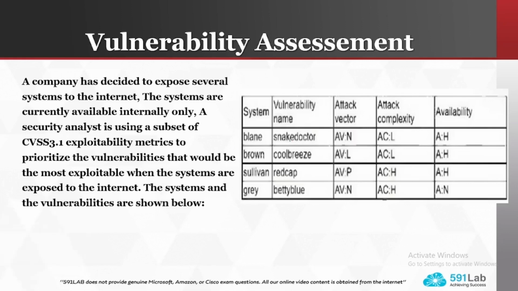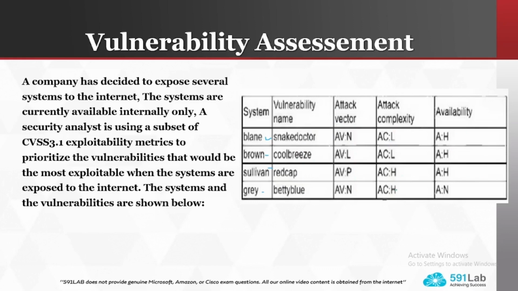We have here systems named Plain, Brown, Sullivan, and Gray. There are vulnerability names like Snake Door, Cold Breeze, Red Cap, and Betty Blue. There is an attack vector: network, local, physical, and network.